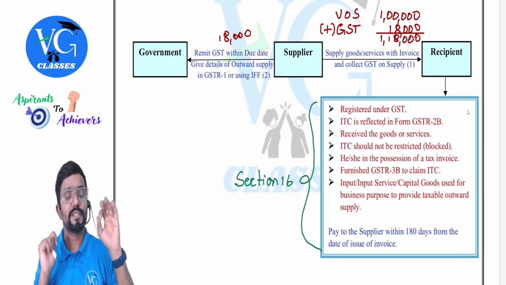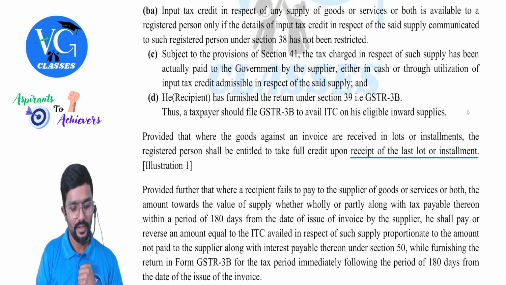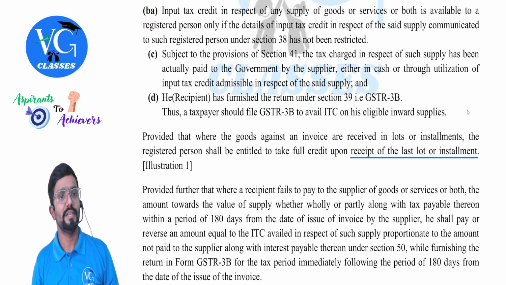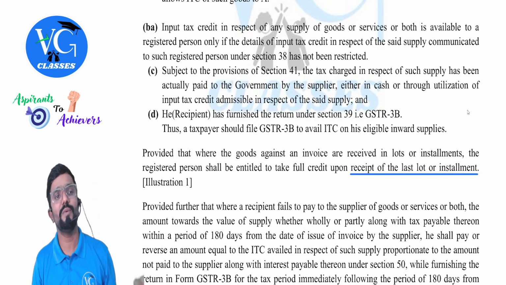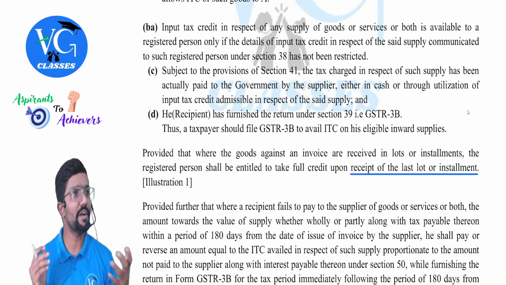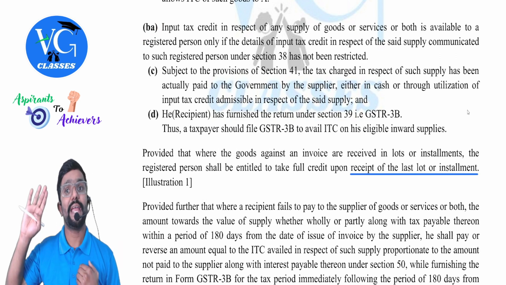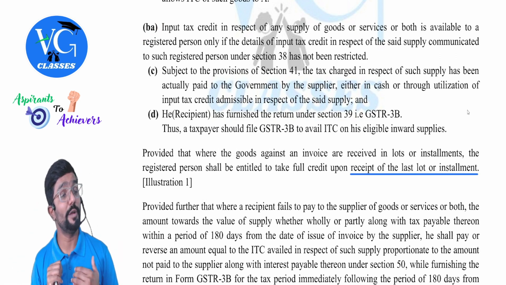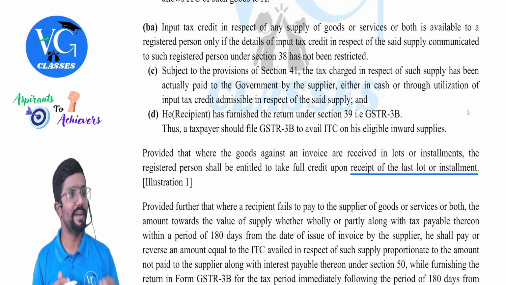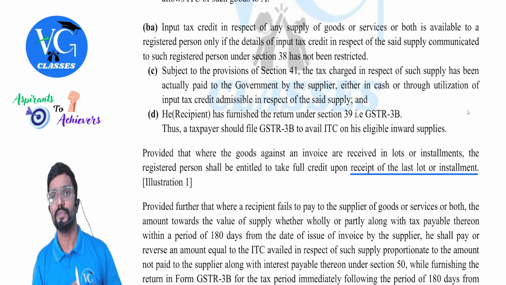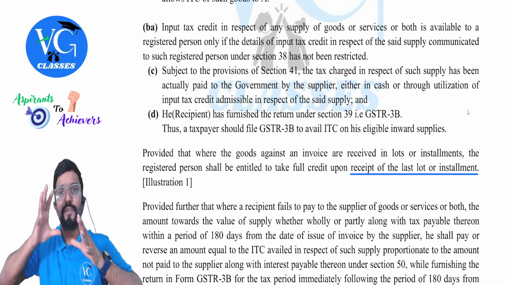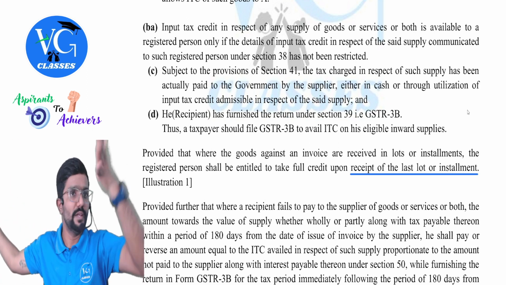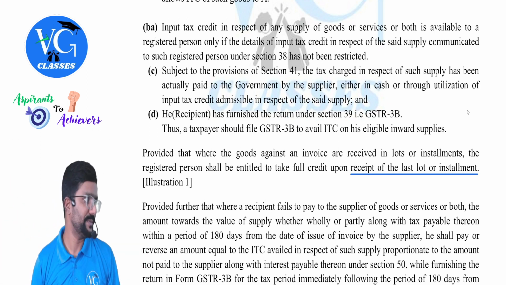So the government thought, for safety, let us add one point here. They added it later. This was not there when the act was introduced, in order to safeguard themselves against the cases filed by whom? Suppliers. So what the government did was, they added one condition here. As per section 16, if credit is blocked under section 17, we will not give you a credit.